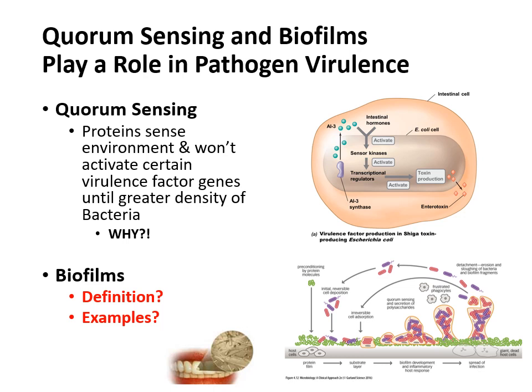Now, why would a bacteria want to wait until it senses the environment around it and knows that there are a lot of other bacteria around it before it starts activating genes and producing proteins? Well, think about it. When we went over genetics and gene expression and translation after that, it's a lot of work. There's a lot of enzymes involved, a lot of steps involved. It takes a lot for a bacteria to do these things. So why would you, if you're a bacteria, waste your resources, your energy, your enzymes, and honestly your time producing these proteins and these virulence factors if you're just one little bacteria and you're not going to be able to do much with that?